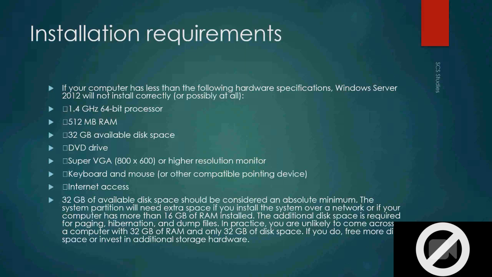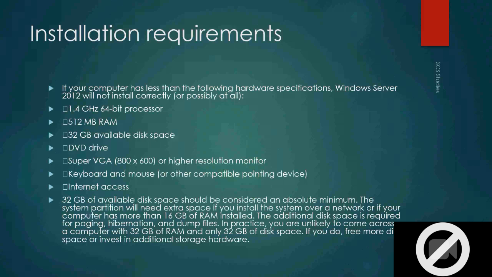In modern hardware, there is some OTG or pen drive support available, but we recommend having a DVD drive to install the operating system. Super VGA, at least 800 by 600 or any higher resolution. That means the minimum resolution required is 800 by 600 pixels.